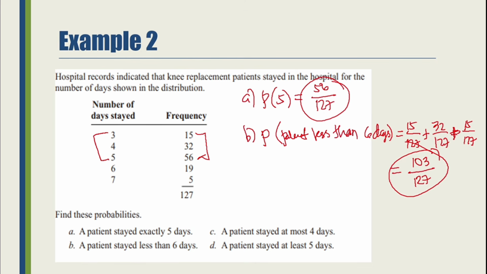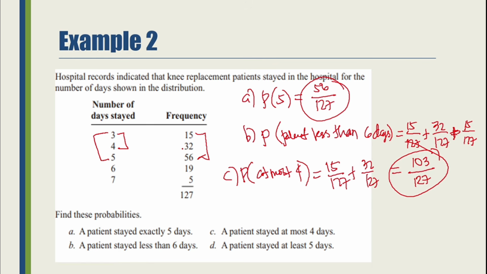Next, we have a patient stayed at most 4 days. When we talk about at most 4 days, they mean that is the maximum. So the maximum of 4 days, it could be 4 or 3. So letter C, the probability of at most 4 days is equal to 15 over 127 plus 32 over 127.